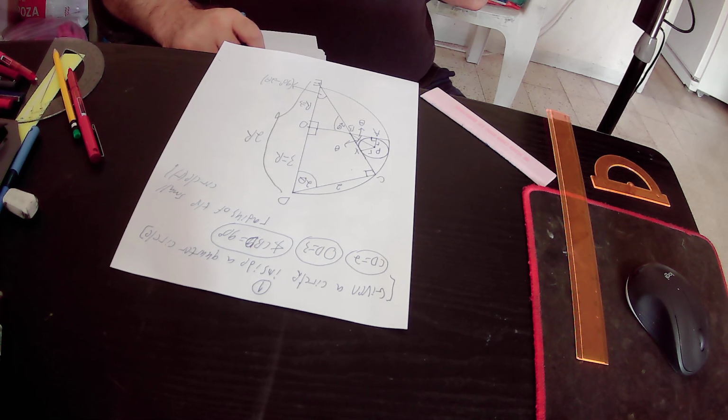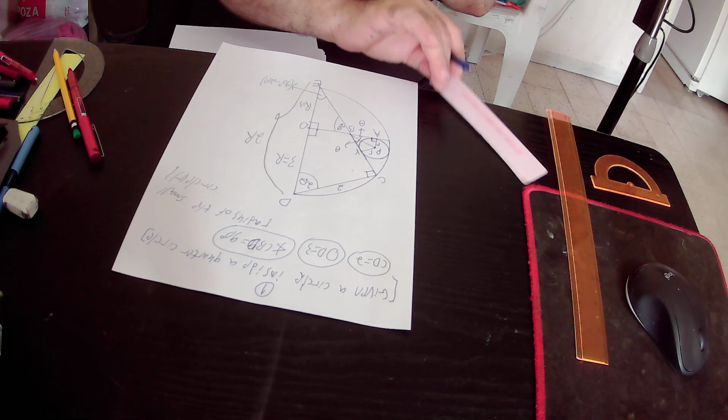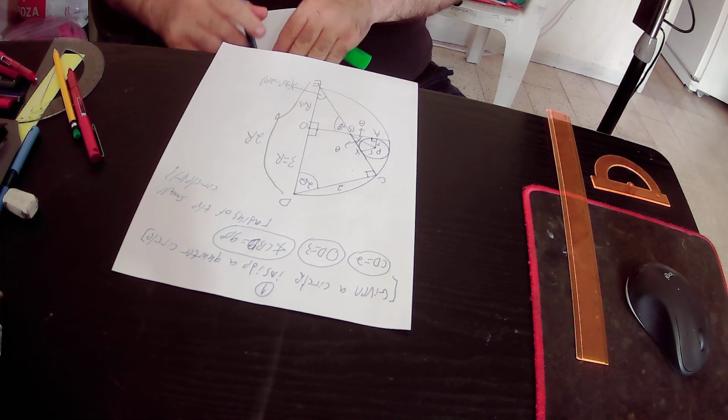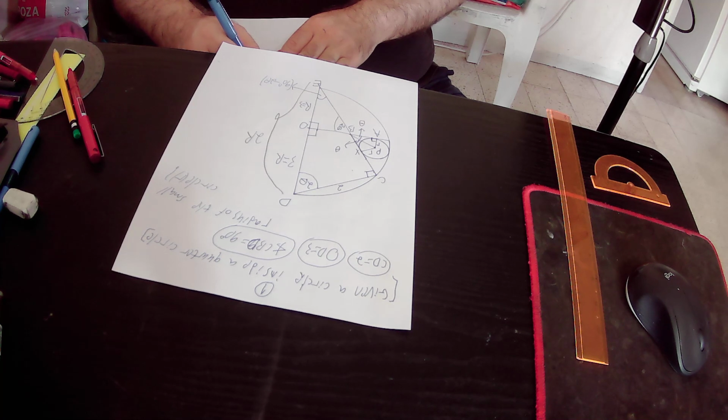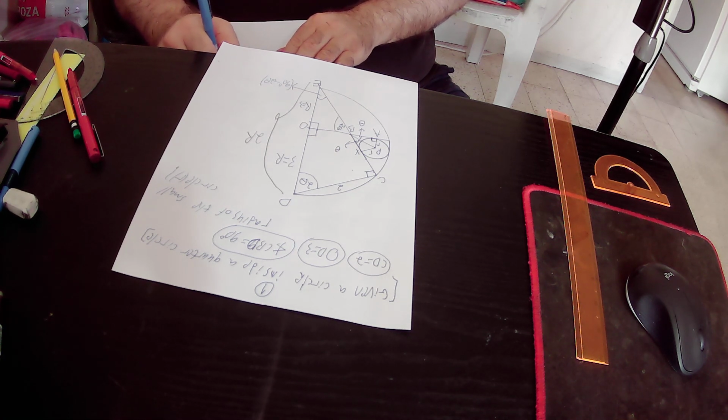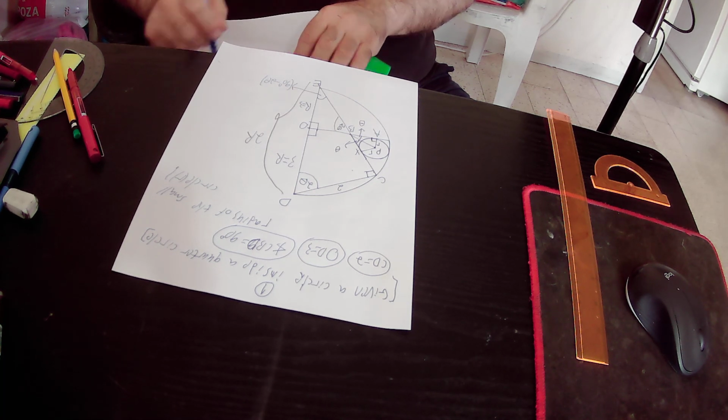So actually we will focus on the right triangle, triangle EBO. In this right triangle, tangent 2 theta equals EO over BO. Okay?